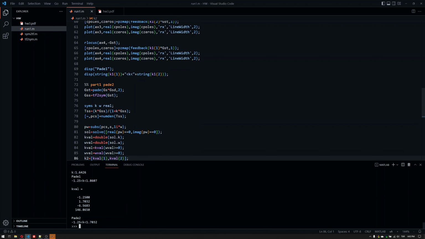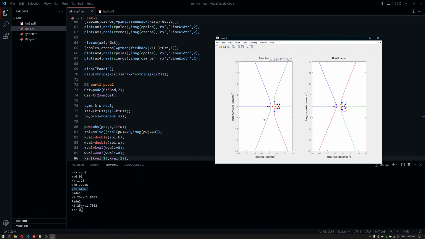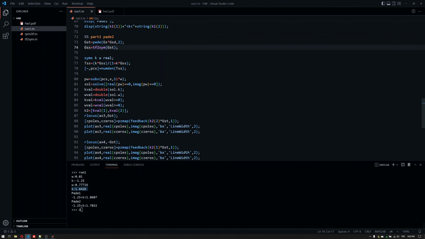If I run it again, I can see that the first Padé approximation gives me an upper bound of 1.86. The second one gives me 1.7, whereas I already calculated that the upper bound should be 1.6426. And this is basically the result here. It's not really easy to see.